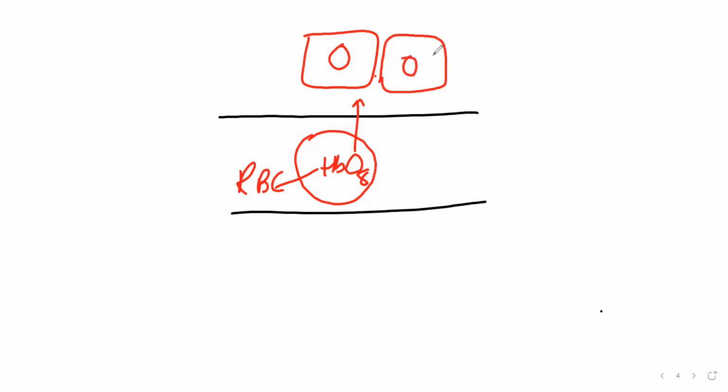We need to see what factors allow oxygen to diffuse into the tissues and how it detaches itself from the hemoglobin. This detachment of oxygen from hemoglobin is called Bohr's effect. So this is now the topic of discussion. Let's see how this Bohr's effect takes place.